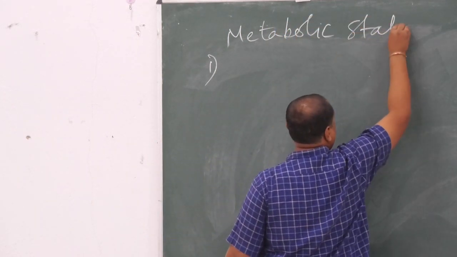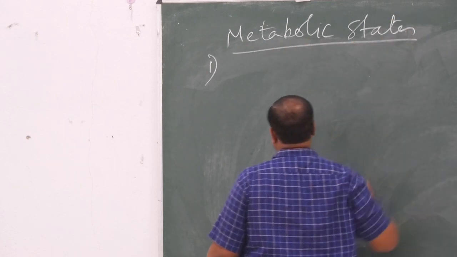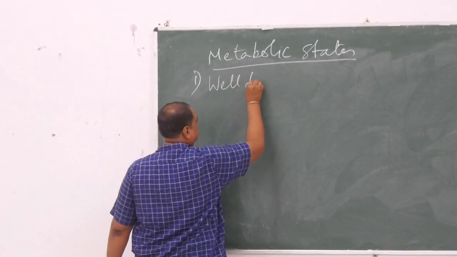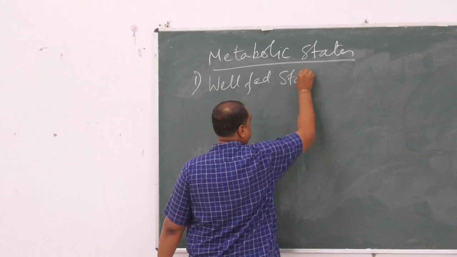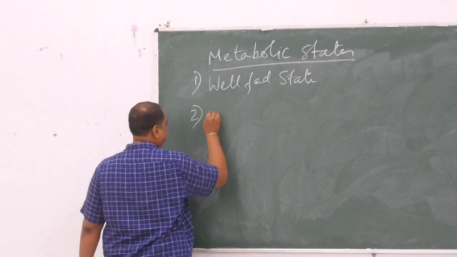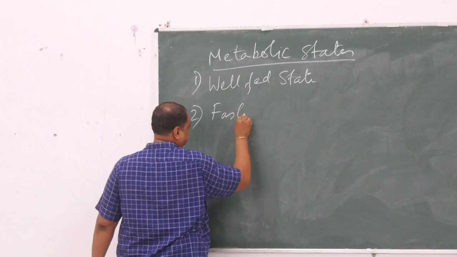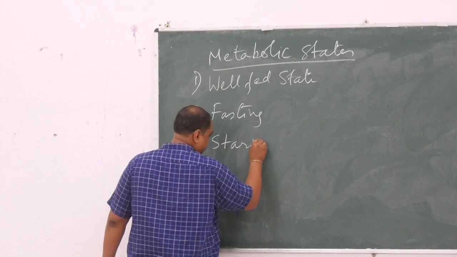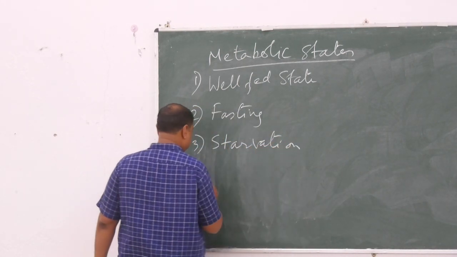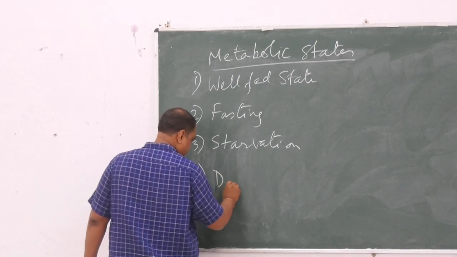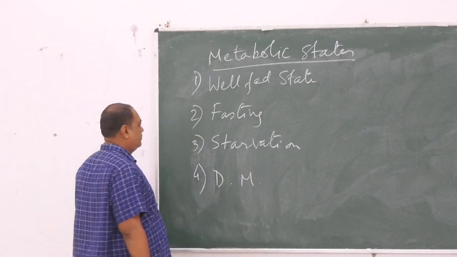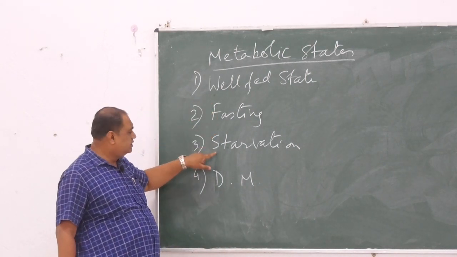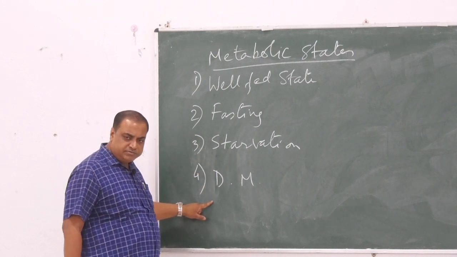One is the well-fed state, fasting state, starvation state, and diabetes mellitus.